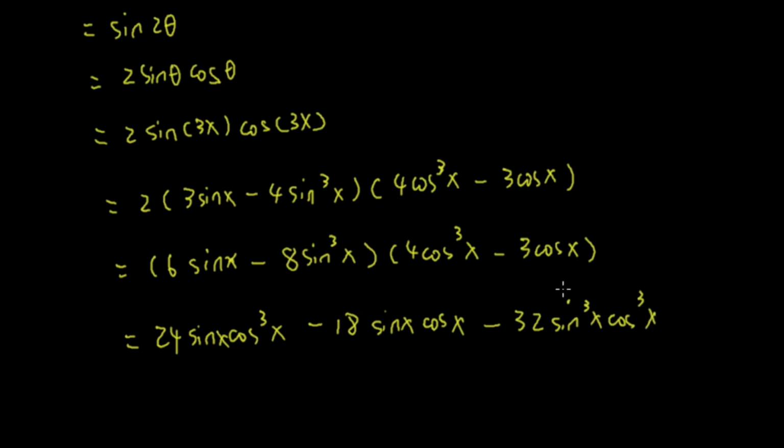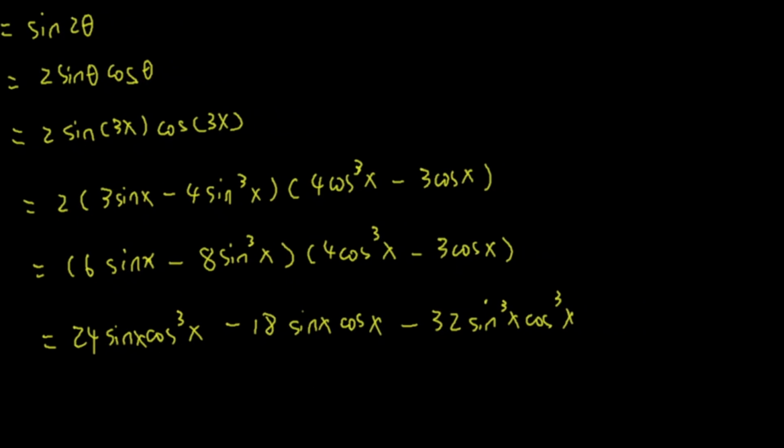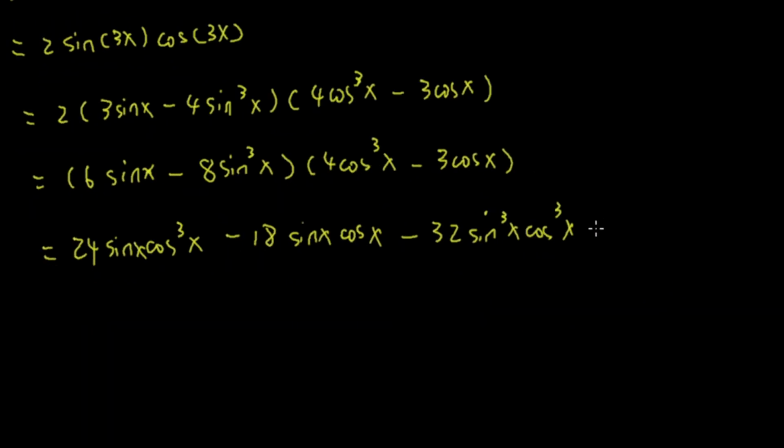This times this will be plus 24 sin cube x cosine x. Okay, now we have both sin x and cosine of x. However, we are trying to express sin 6x in terms of sin x and cosine of x. So we should try to convert cosine x into sin x if we can.